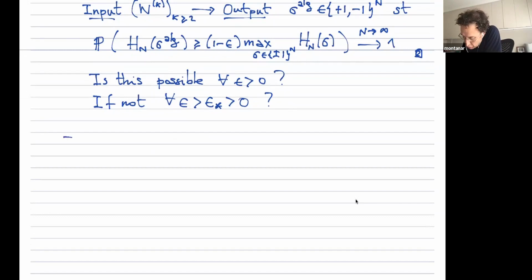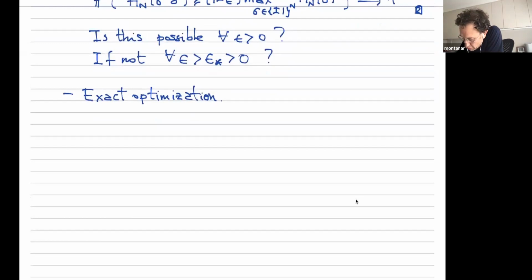One can ask the question, of course, of exact optimization. So here we admit a positive epsilon error.